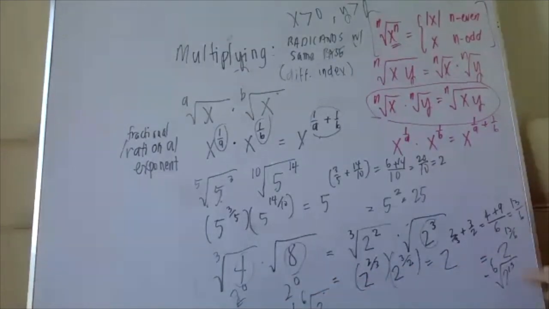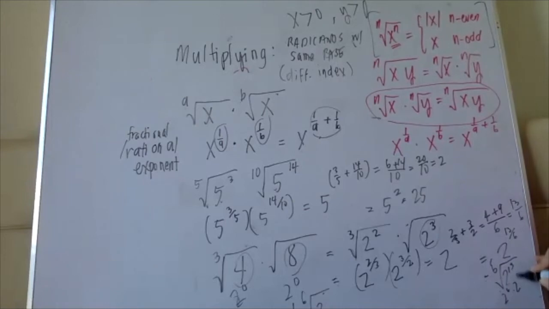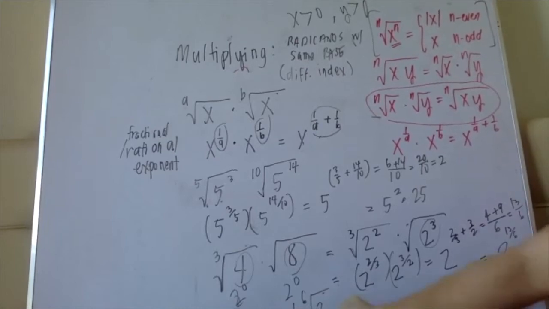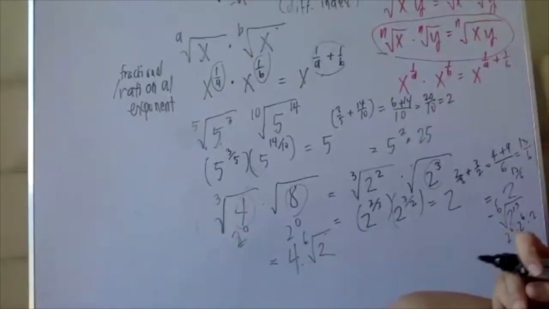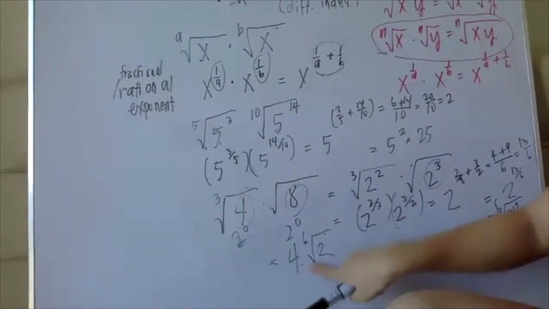Nakuha ba? Kasi may dalawa ka ditong 2 raised to 6. 2 raised to 6 times 2 raised to 6 times 2. 6 plus 6 plus 1 is equal to 13. So may dalawa kang 2 na pwedeng ilabas. Kaya naging 4. Nakuha ba to guys?